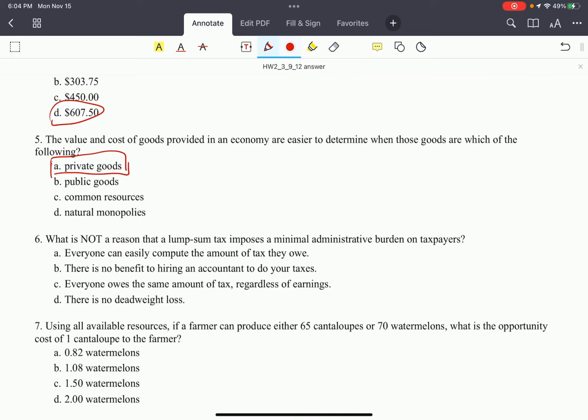But if you think about public goods, then you can see that it's free. Everybody can get access to it, right? And if you think about common resources, then again, there is rivalry, but there is no excludability. So in this case, you can see that the cost of public goods and common resources, they both are not so easy to measure.